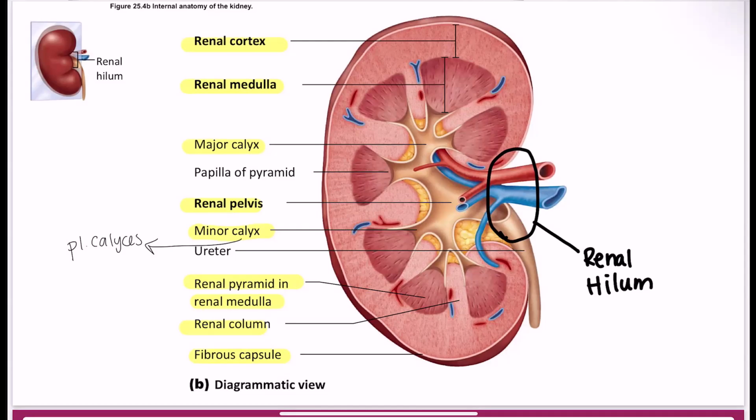The cortex appears grainy, dotted, granular, because it's dotted with the functional units of the kidney, which is called a nephron. So the cortex appears granular because it contains the nephron.